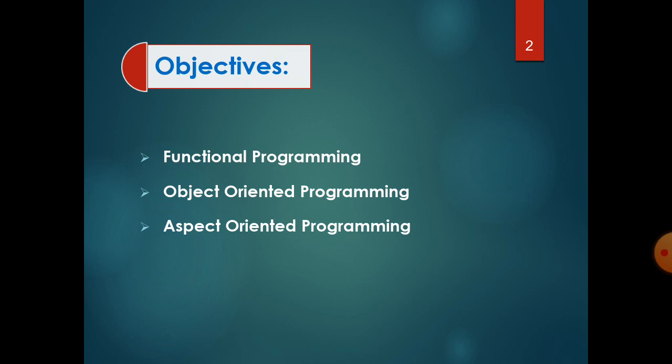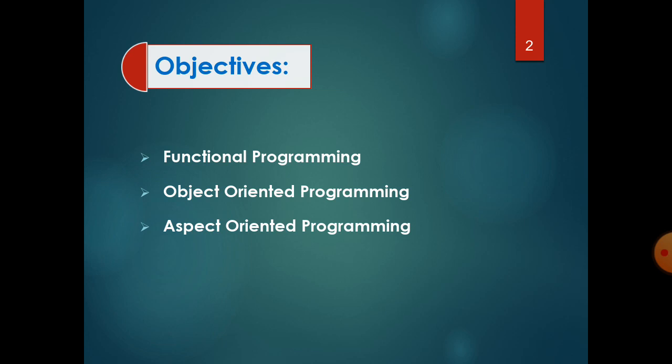So that's why I would like to give you a little bit of recap about functional programming and object oriented programming. These two are not new terms for you, but in this lecture the purpose is just to repolish the conceptual knowledge behind functional programming and object oriented programming.